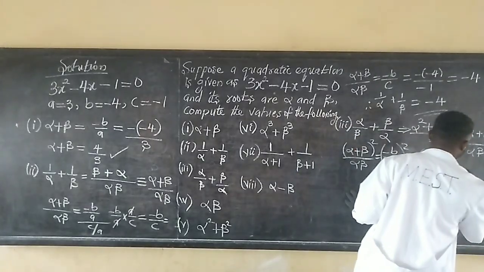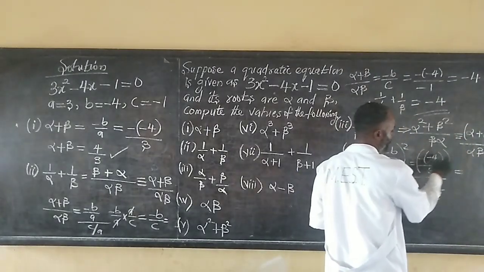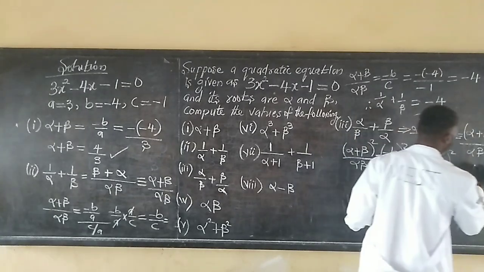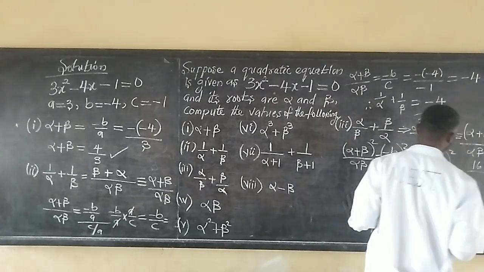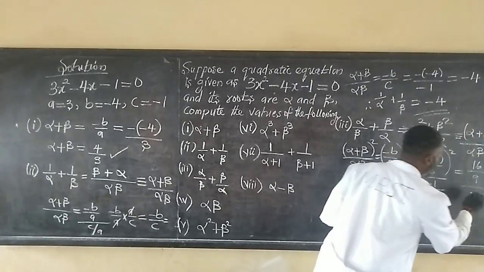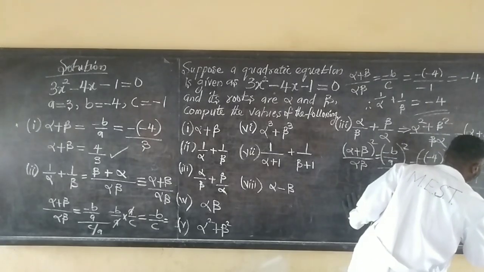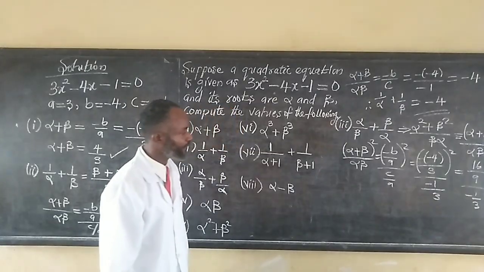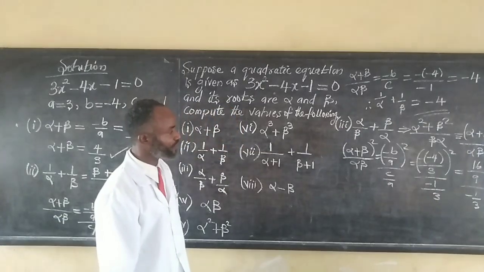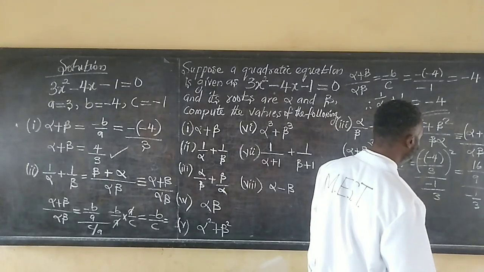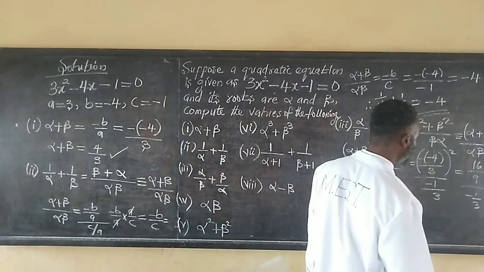Then, the next thing. Minus, minus cancel, that's positive. 4 squared is 16. Alright? 3 squared is 9. We don't have any square here. We have minus 1 all over 3. We return that way. So we continue. From there, we can now see that this is very, very important at this point in time.